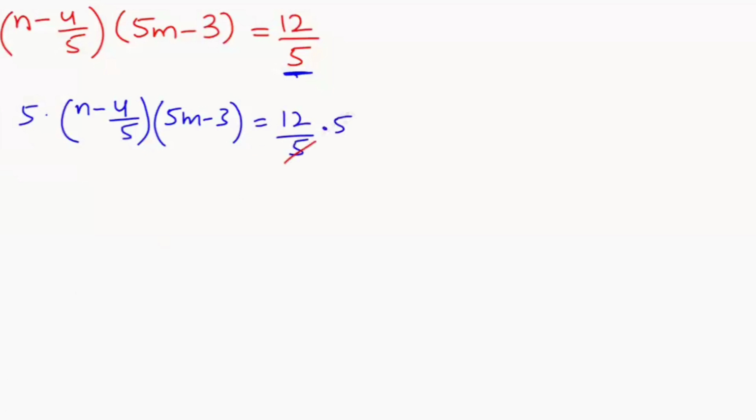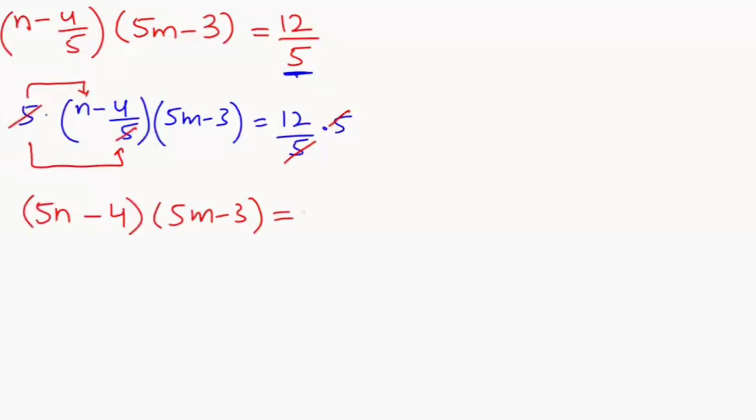Here this and this get cancelled, and now I multiply this 5 with this term. So here we get 5n minus 4, since this 5 and this 5 get cancelled, and 5m minus 3 equals 12.